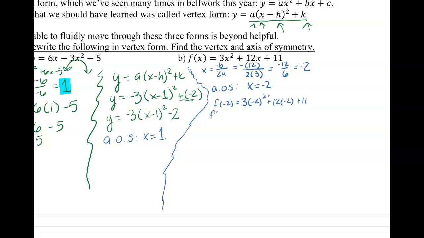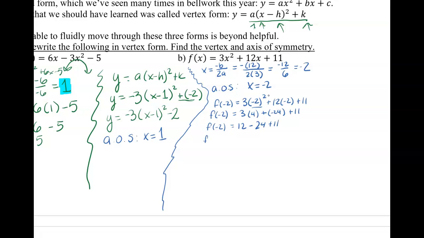That should be equal to f of -2 is equal to 3 times 2 squared, because we always deal with the exponents first, should be a +4, plus 12 times -2 should be -24, plus 11. So then I get f of -2 is equal to 3 times 4 gives me 12. This plus negative turns into just -24 plus 11.